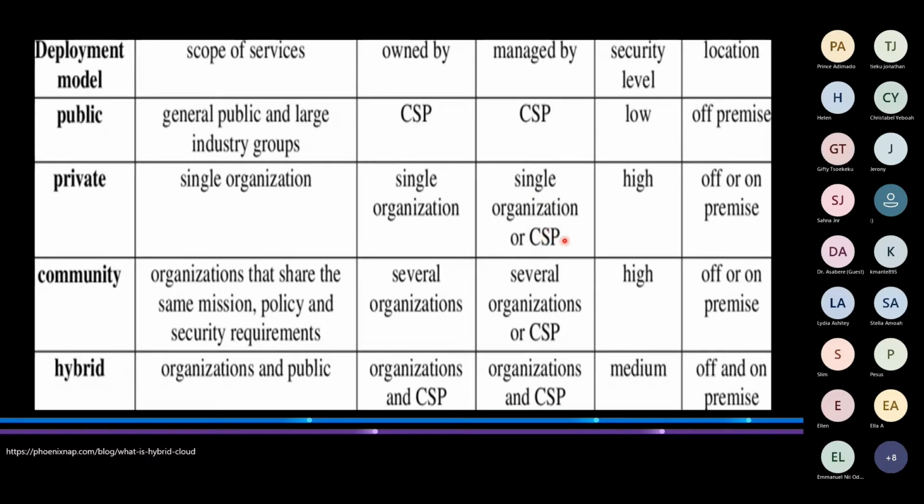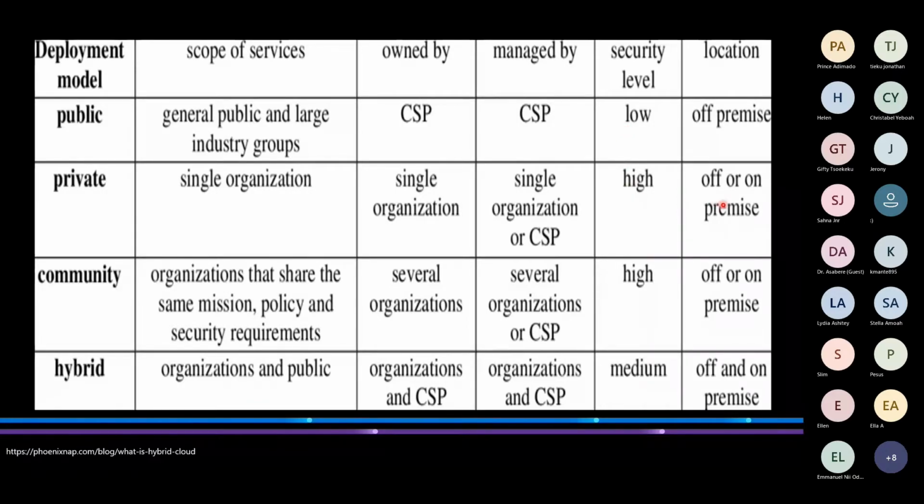If you have your private vehicle, you could drive it yourself or hire someone to drive you around. So it will be managed by you and that driver, but it will only be owned by you. The security level for this model is high compared to public transportation. If you own your own vehicle, the security level is high compared to the public transportation that we have.